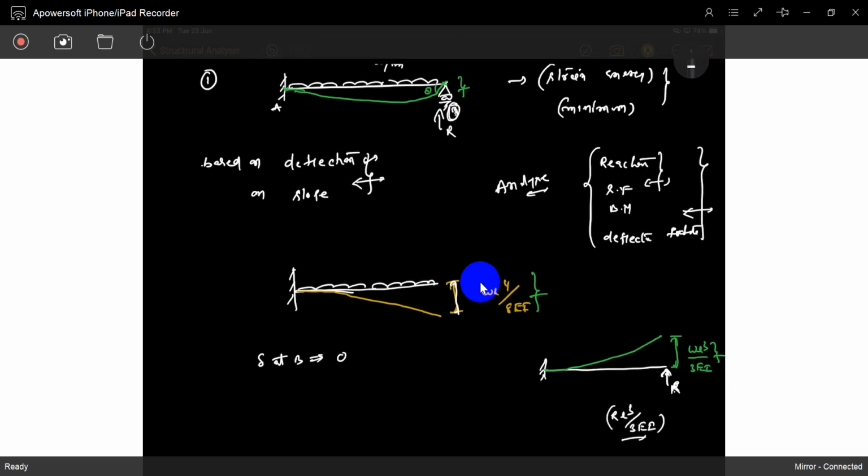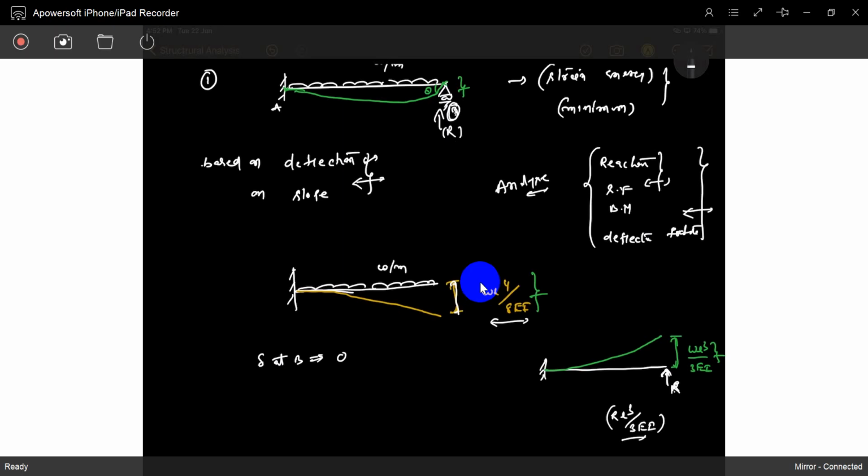We know it. By the load W per meter, the deflection is WL power 4 by 8EI. So by the application of the reaction R at B, the deflection at B is 0.